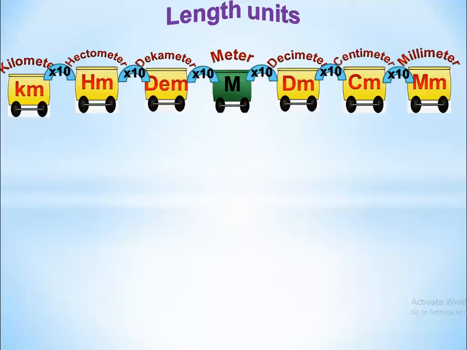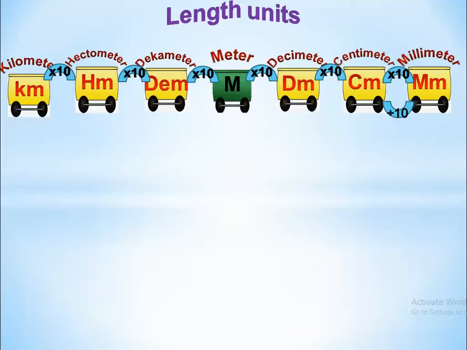We know that to convert from the biggest unit to smallest unit, we are going to multiply, okay? And if I want to convert from the smallest unit to the biggest unit, we are going to divide.